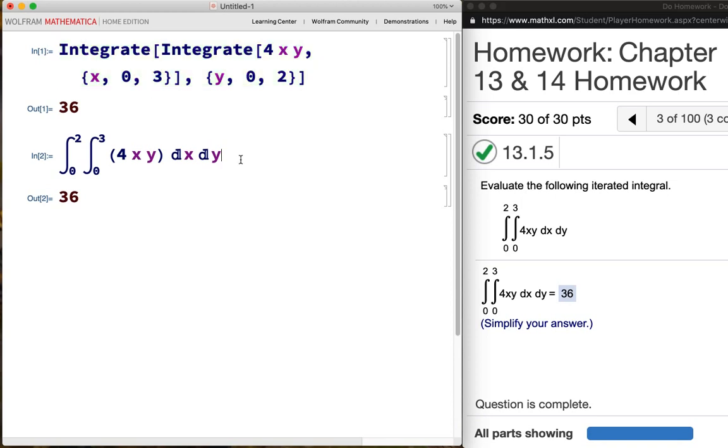But this other way has the advantage of looking like the iterated integrals in your homework assignment, like a math problem from a calculus textbook. I prefer this way because I think it's faster to type.